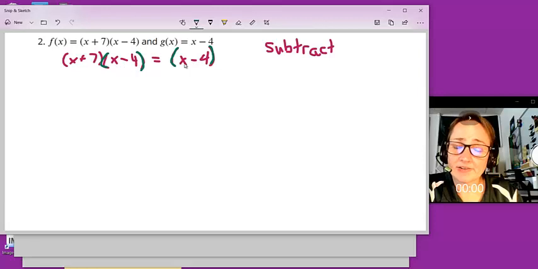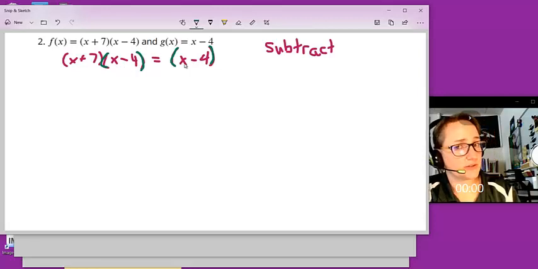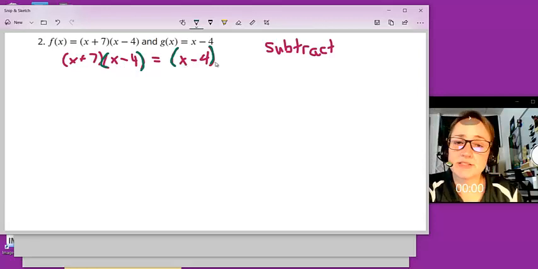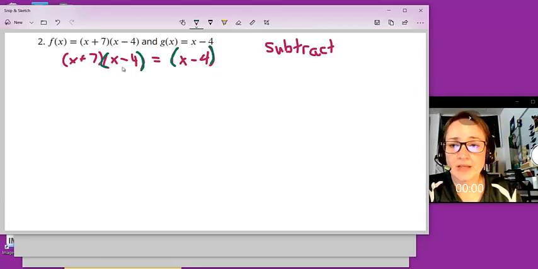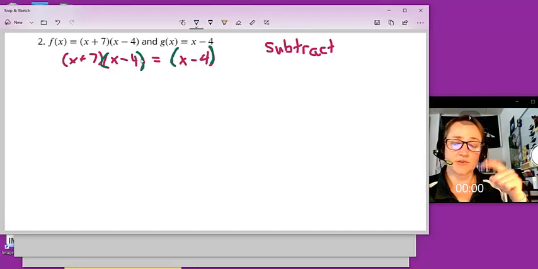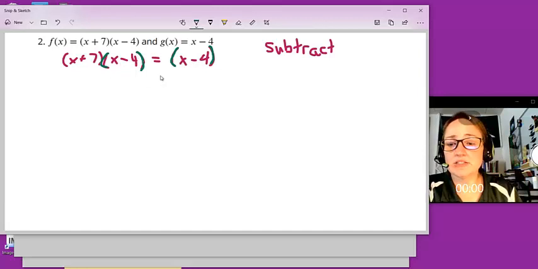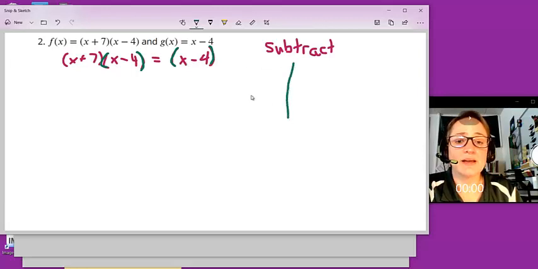And that factor, turned into a 0, is what's going to give us one of the answers to this equation. So we've already talked about turning factors into zeros and zeros into factors. What we see is that each of these has a factor of x minus 4, and that means each of these is going to have a 0 at x equals positive 4.